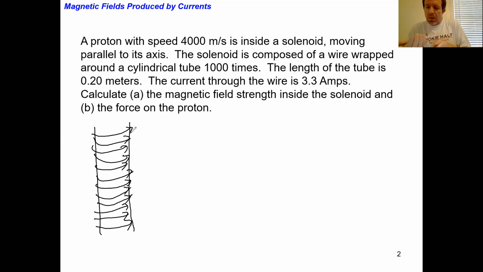No matter how I orient my hand, as long as I've got the current going in the correct direction, my fingers are pointing upwards. Again, I realize this is not the best medium for this, but we do what we must. So my magnetic field here is pointed up through the center of the coil.